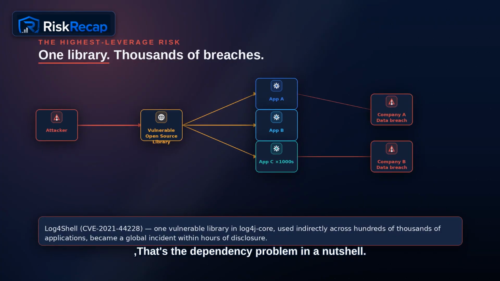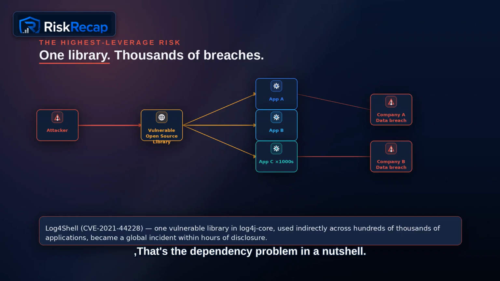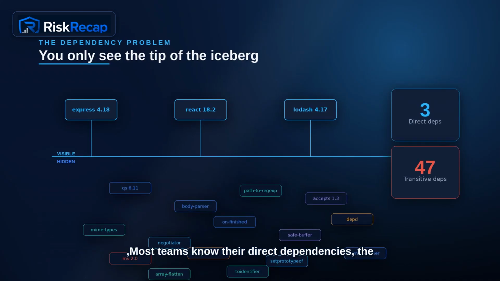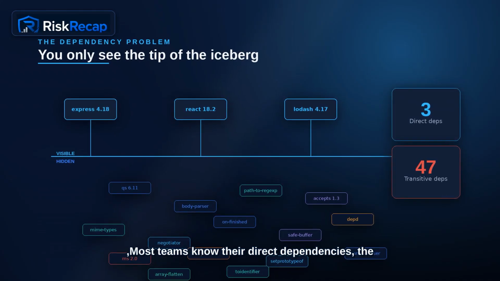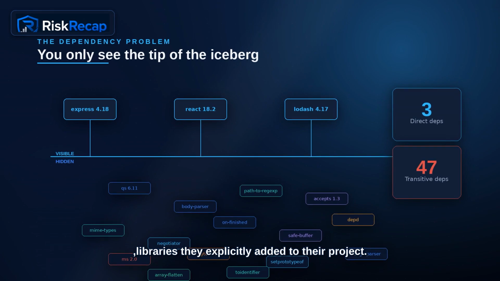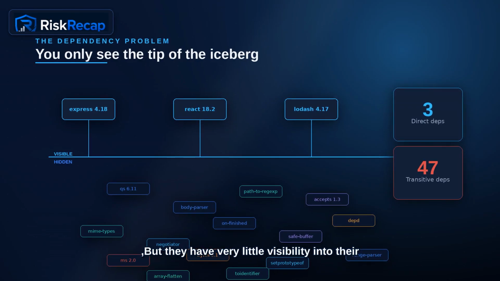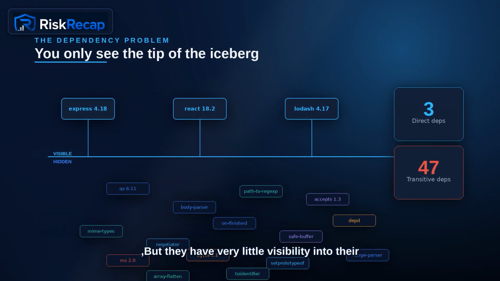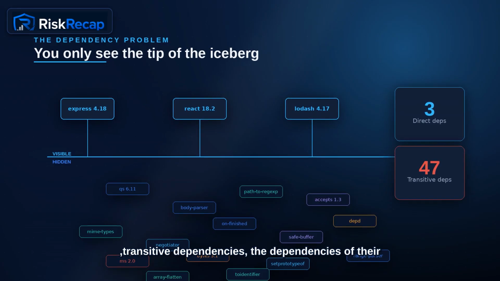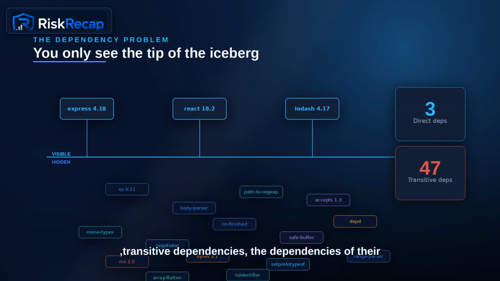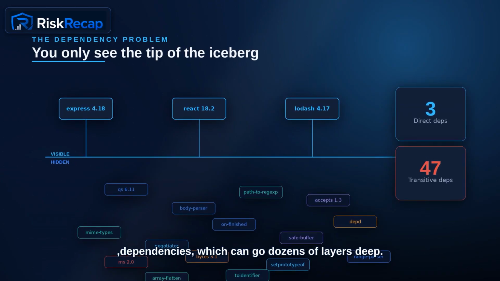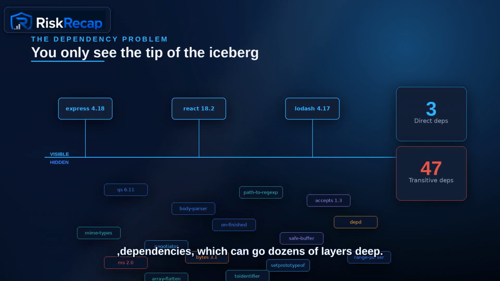That's the dependency problem in a nutshell. Most teams know their direct dependencies, the libraries they explicitly added to their project, but they have very little visibility into their transitive dependencies, the dependencies of their dependencies, which can go dozens of layers deep.